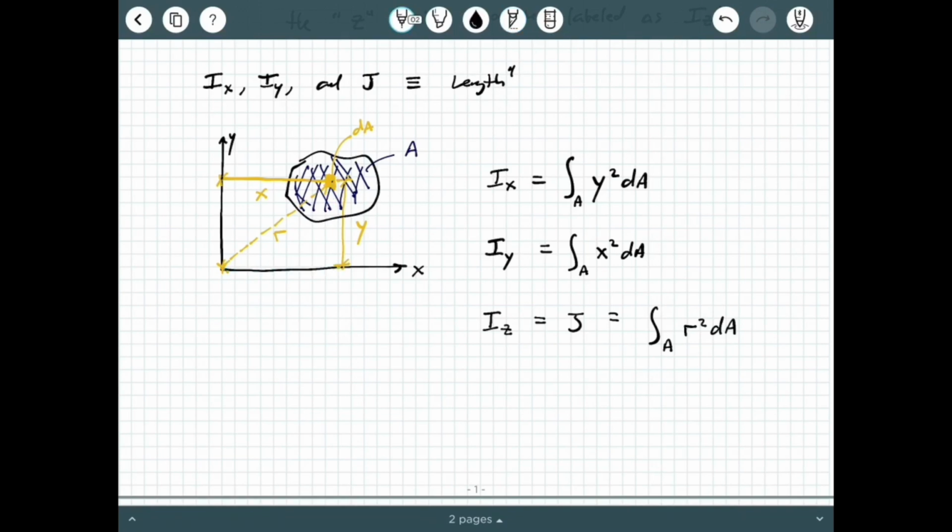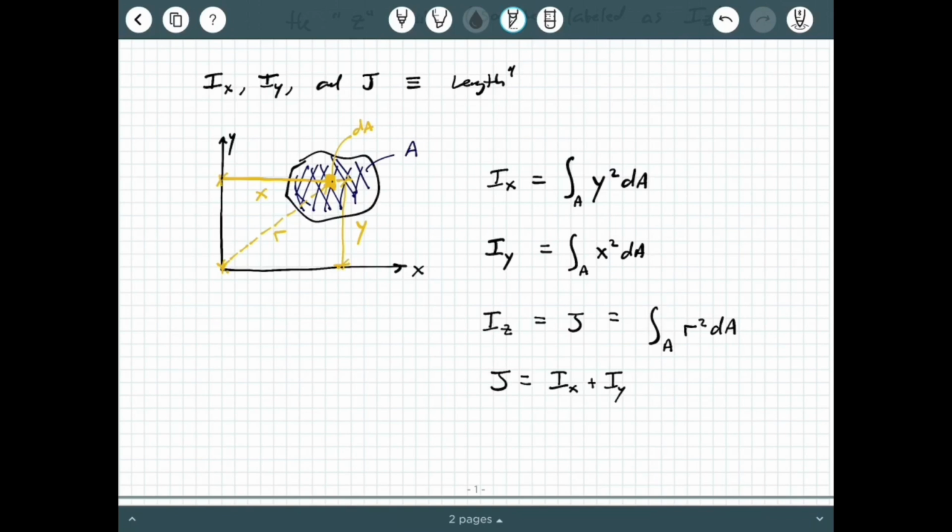So another way you can express J is just I sub x plus I sub y. You can see this Pythagorean identity is built into these moment of inertia calculations. So that's kind of the background of it.